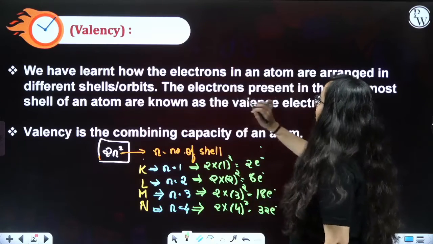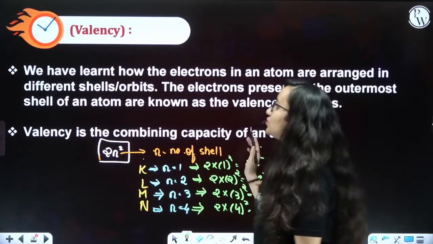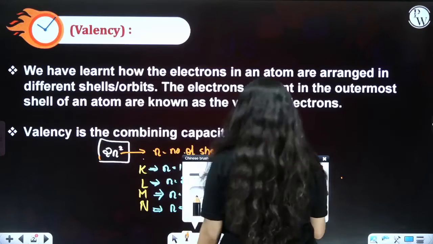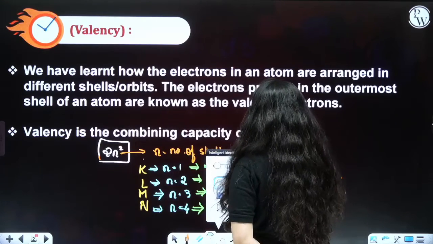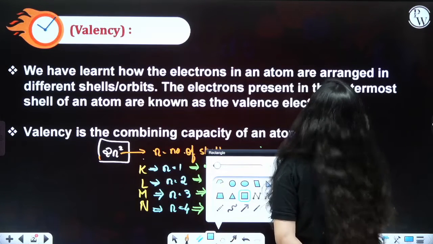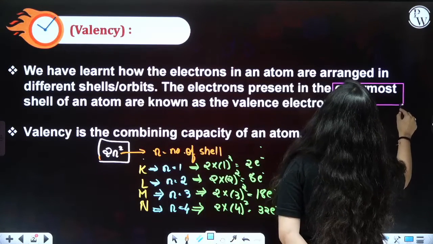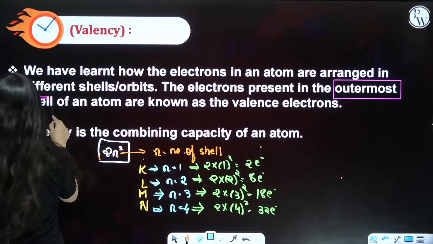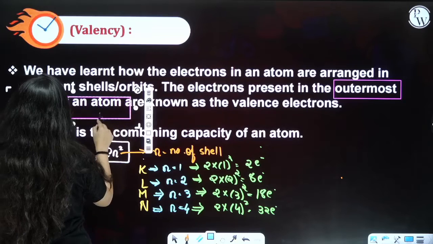So the electrons present in the outermost orbit. Here, if you are talking about valency, then you are only concerned about which shell? Outermost shell of an atom.